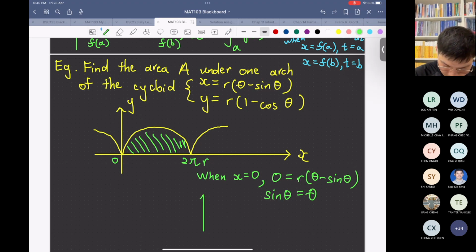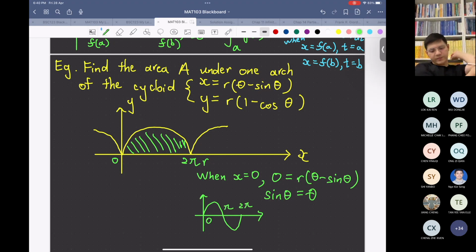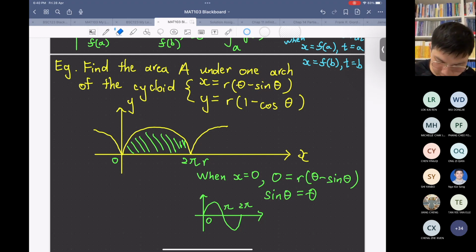If you look at the sine curve, here is pi, 2 pi, 0. Sine is bounded by 1 and minus 1, and the curve is not straight at all.